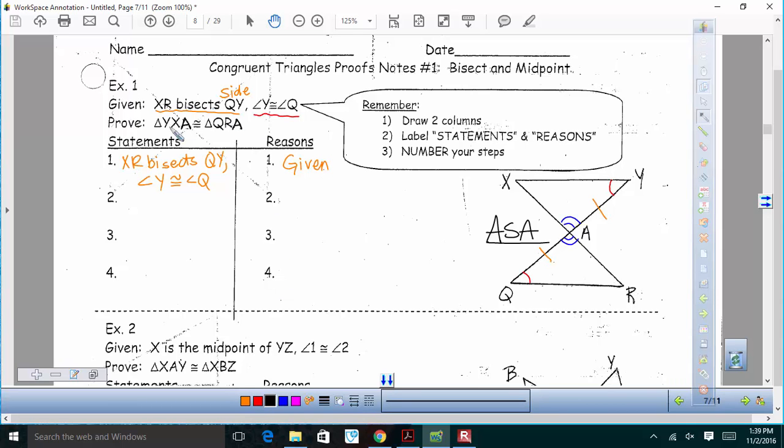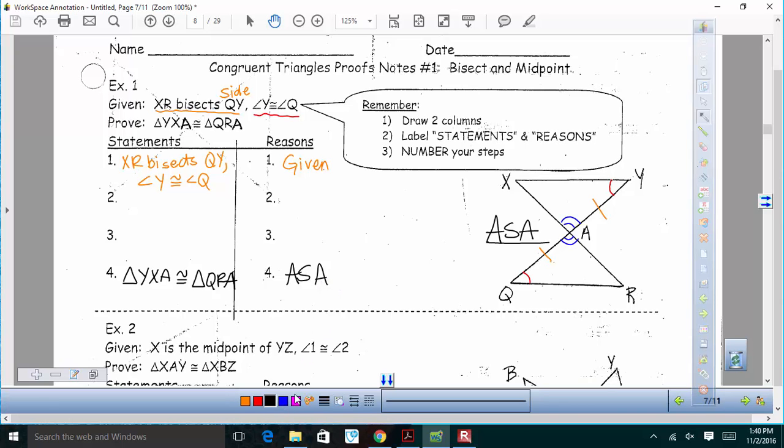We can also go ahead and write this prove in step 4 that triangle YXA is congruent to triangle QRA. So change your X's on your sheet to an A, because remember we changed this to an A. Now, did we prove that these were congruent? How did we prove that? Angle, side, angle. So that's going to be here.